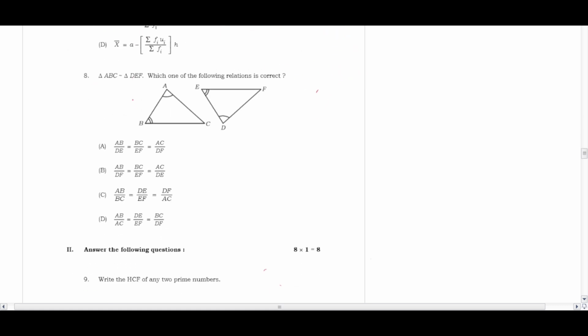Then 8 number question. Here two triangles are similar. Their condition: if triangle ABC is similar to triangle DEF, the respective sides are in proportional ratio and equal.